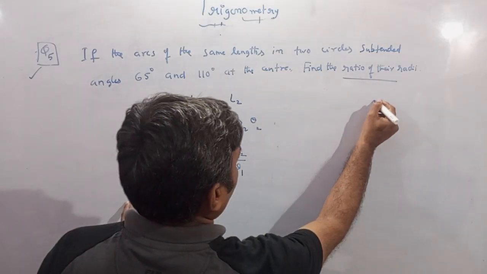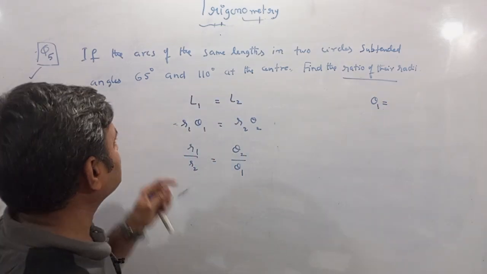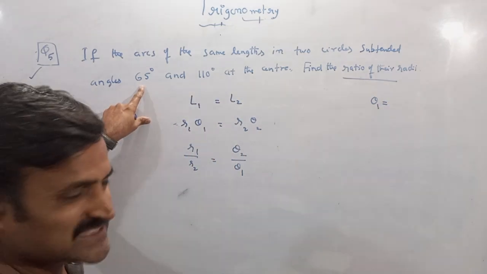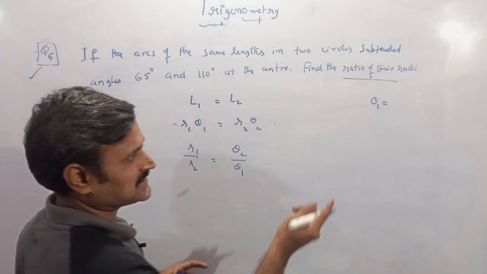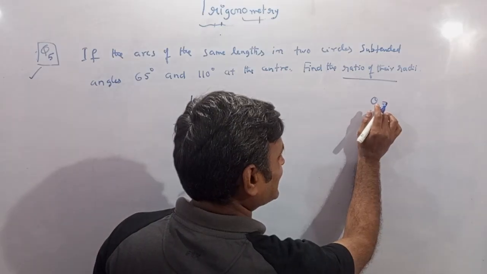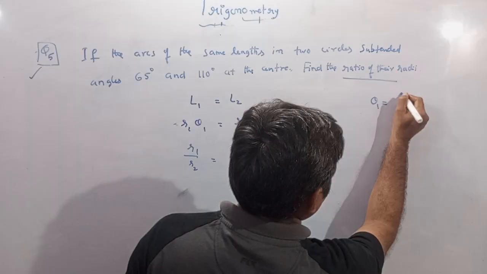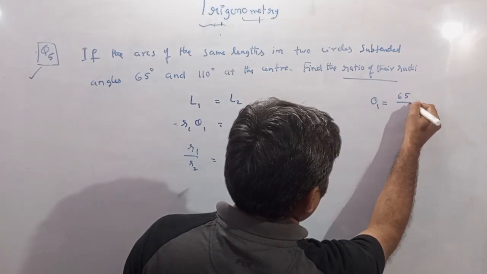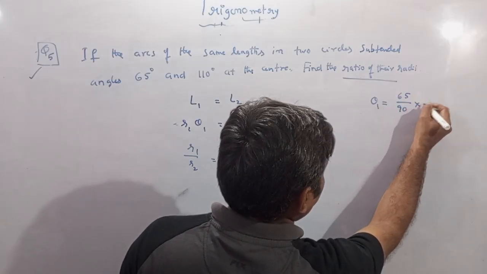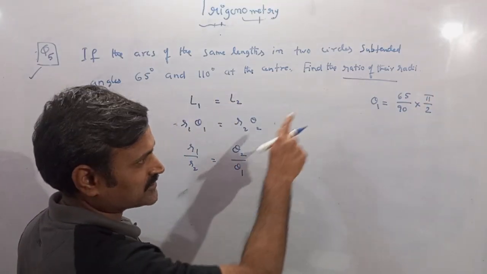And before that, what is theta 1? Theta 1 is 65, and it should be in radians. What is the formula for radians? 65 by 90 into pi by 2 is the answer for this one.